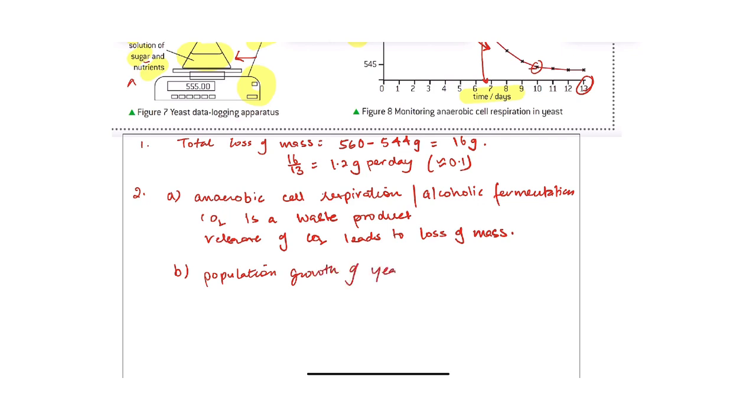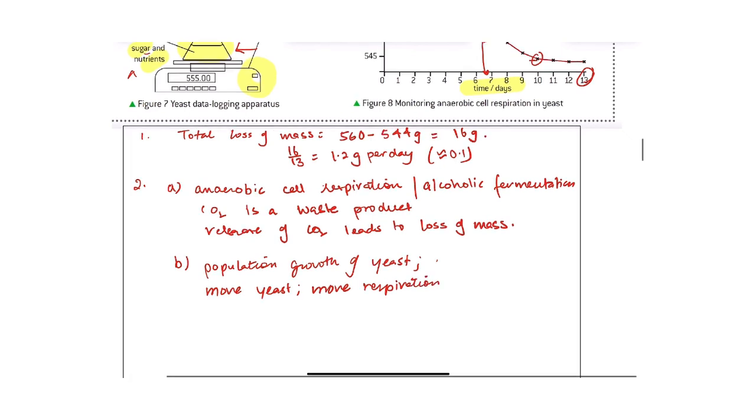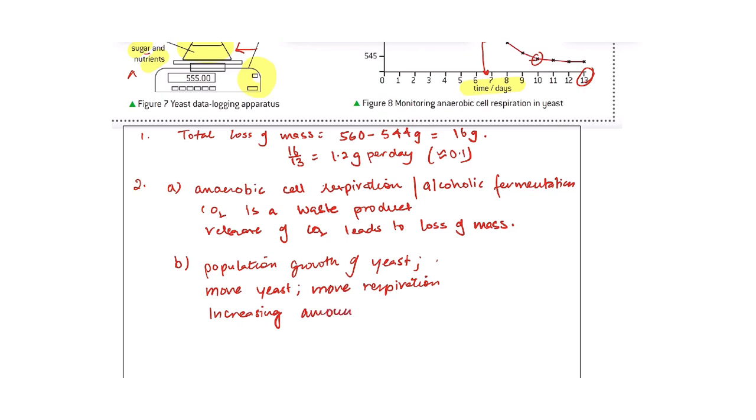And what exactly is happening here? More yeast leads to more respiration or a high rate of respiration. So it is an increasing amount of CO2 produced, or concentration of CO2 produced.